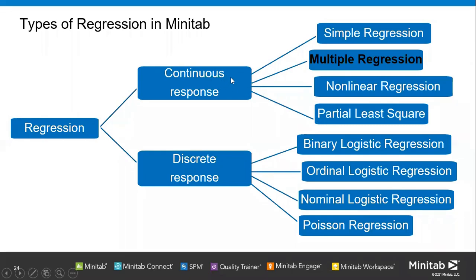Continuous, as I mentioned, is a measurement, something like length or weight. If you assess your y and you have only one x, you can go for simple regression. If your predictors are more than one, you can go for multiple regression. If during the scatter plot you can see a non-linear shape, you can go for non-linear regression.